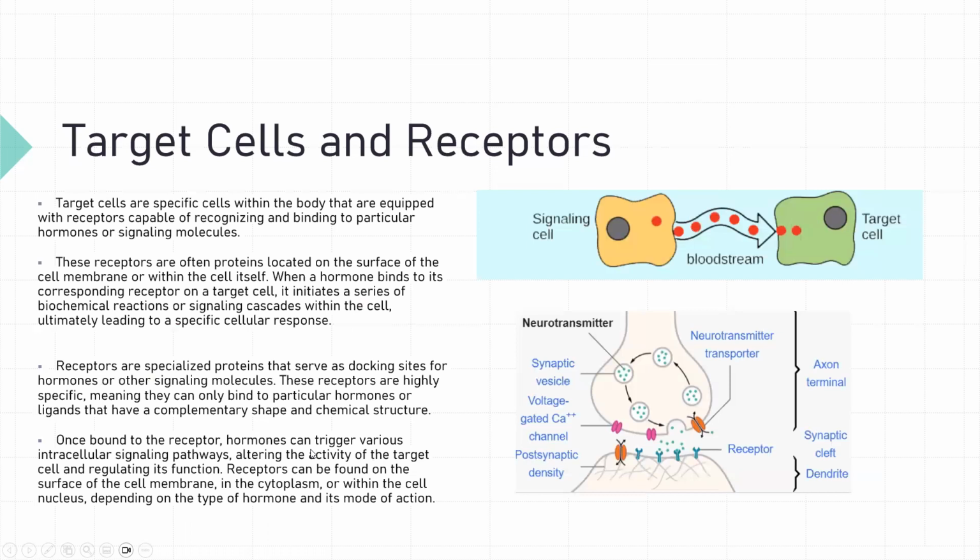These receptors are often proteins located on the surface of the cell membrane or within the cell itself. When a hormone binds to its corresponding receptor on a target cell, it initiates a series of biochemical reactions or signaling cascades within the cell, ultimately leading to a specific cellular response.